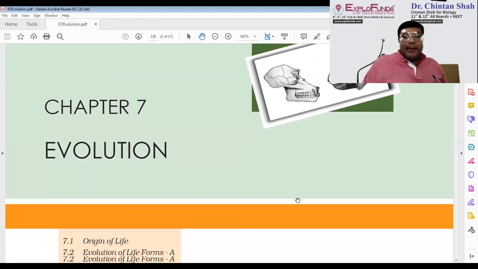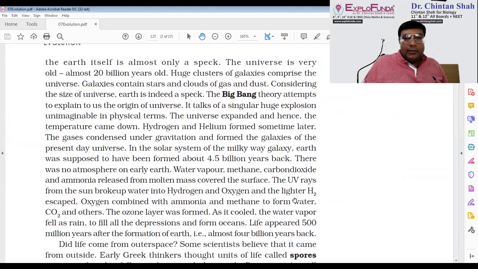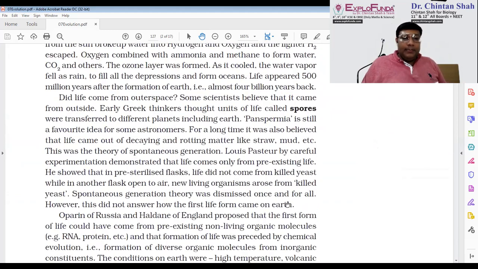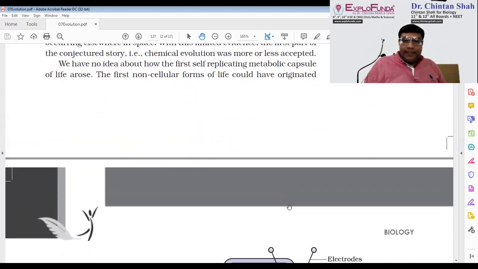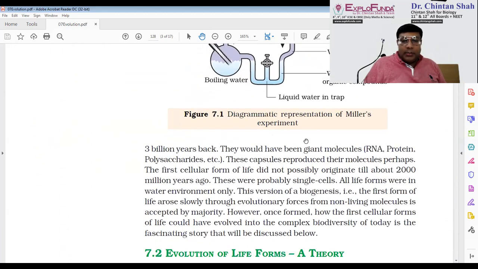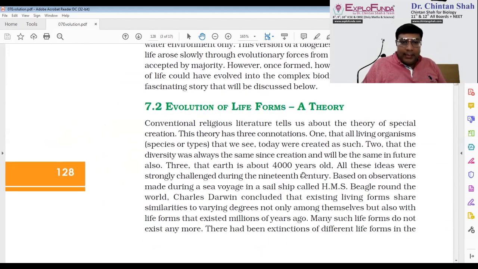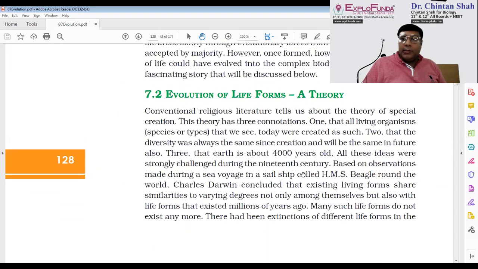So what we have completed: I'm not going to read it, but origin of life is completed. Say yes or no. Panspermia is done, Oparin-Haldane is done, then Urey-Miller experiment is done. Evolution of life forms, a theory: is it done? No, this is not done.